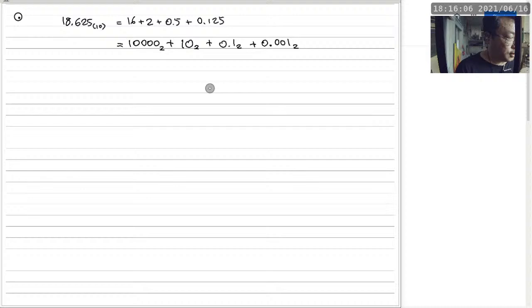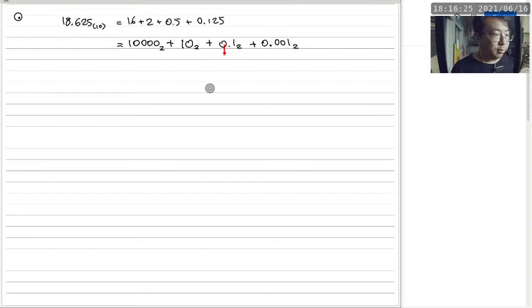0.001 in base 2. And if you are looking at this and wondering why 0.5 is 0.1 in base 2, you really need to go back to base conversion, because when we talked about base conversion, we talked about this part already.